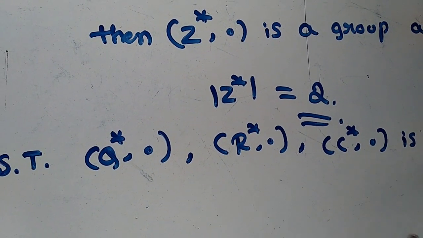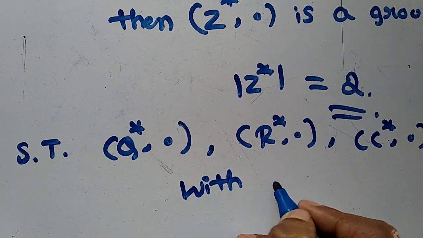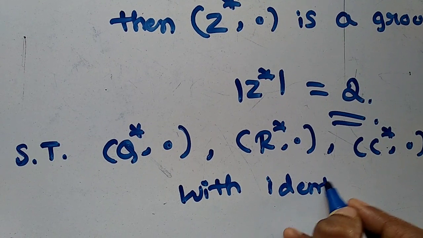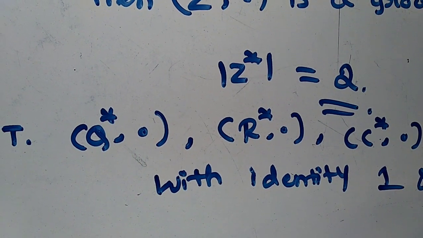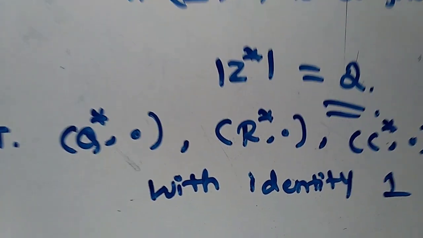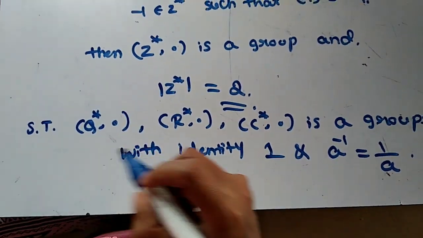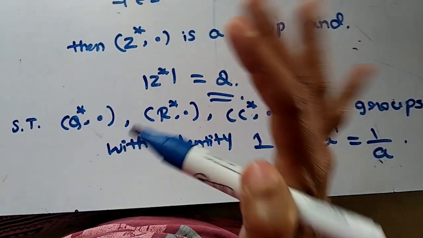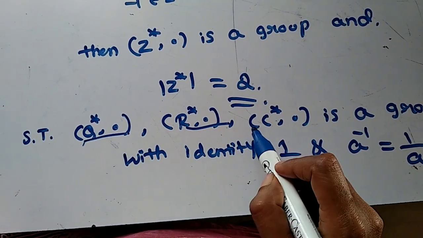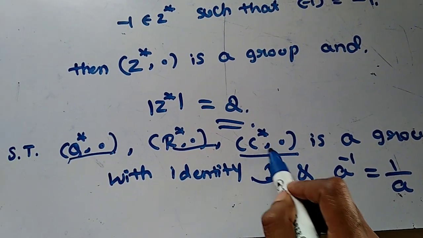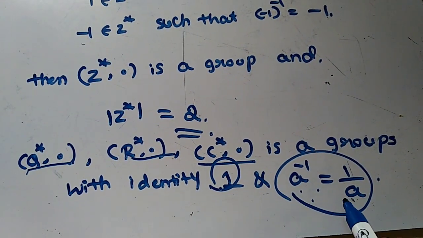I am giving you the identity: for all of these the identity is 1 and the inverse is 1 by A. Just check whether this is satisfied or not. Keep remembering for Q star, R star and C star, the identity element is 1 and the inverse of A is 1 by A.